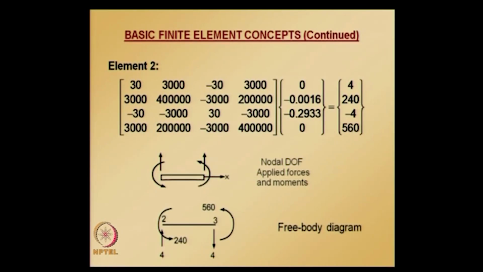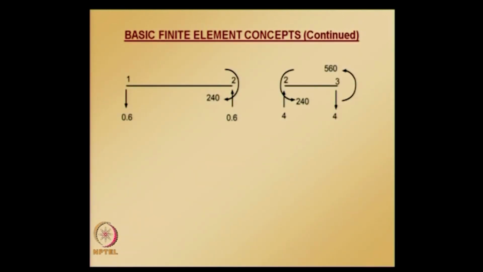Whether the values that we obtained are correct or not, we can check using the free body diagrams. So, let me put the free body diagram of element 1 and of element 2 side by side, and this is how they look.